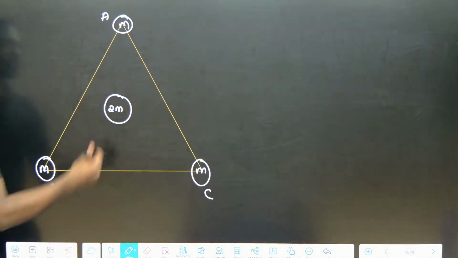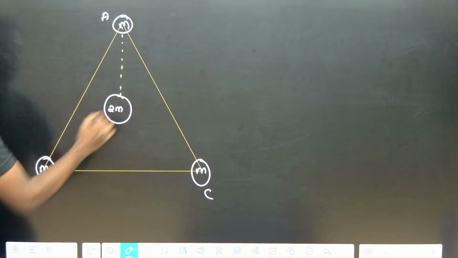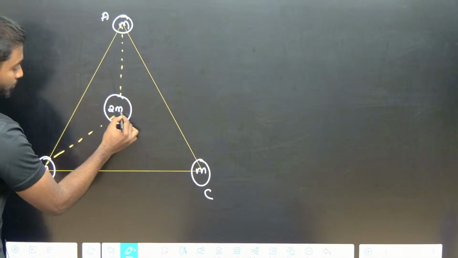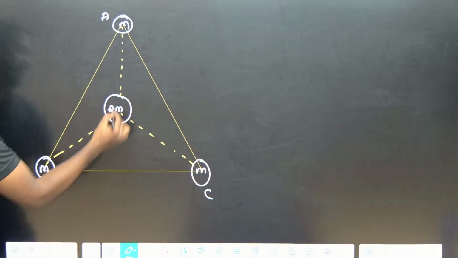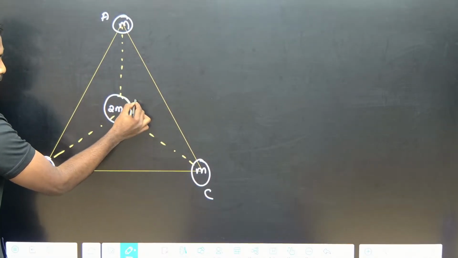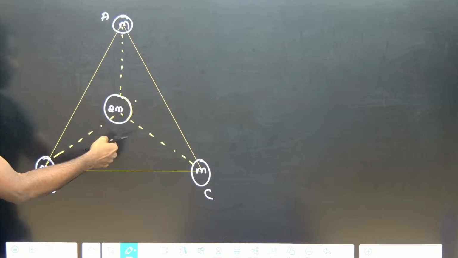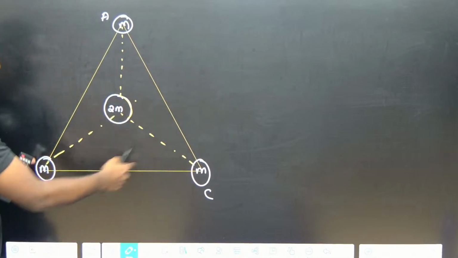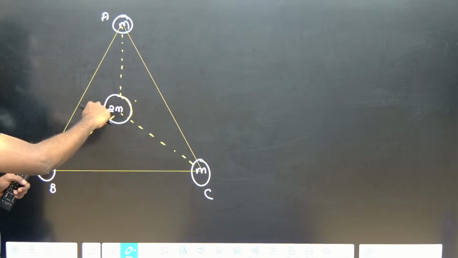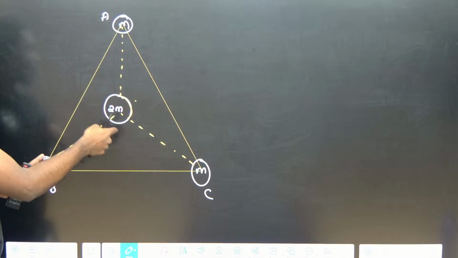So this angle is how much? It is divided into 3 parts. The sum of the angles will be a total of 360 degrees, divided by 3, that is 120.